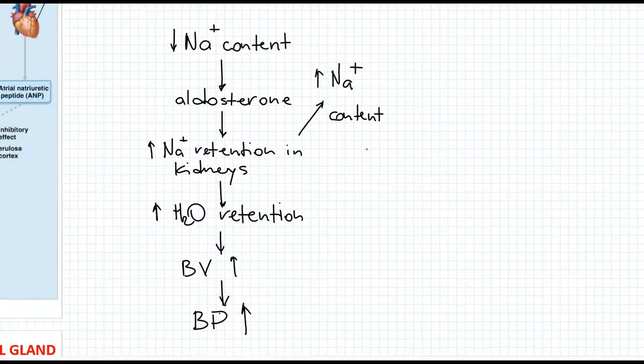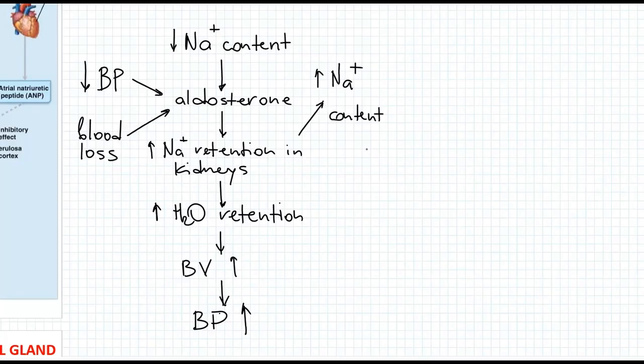If aldosterone increases blood pressure, the stimulus is low blood pressure. If the outcome is high blood volume, what is the stimulus? Low blood volume. Blood loss, yes. Does that make sense to you?